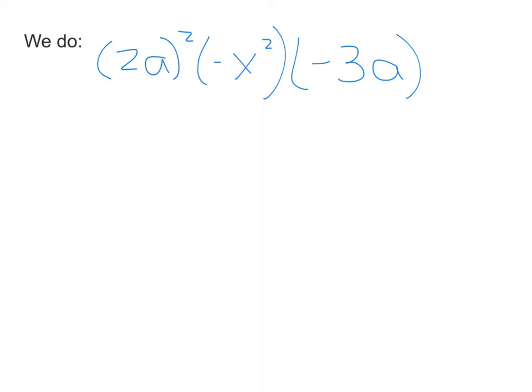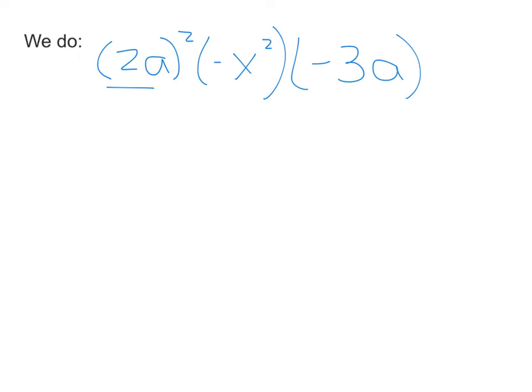So first, our very first step is to expand. And I do have some powers, so I'm going to need to expand this 2. This 2 is on the outside of the parentheses, so that means that everything inside the parentheses needs to be multiplied by itself twice.